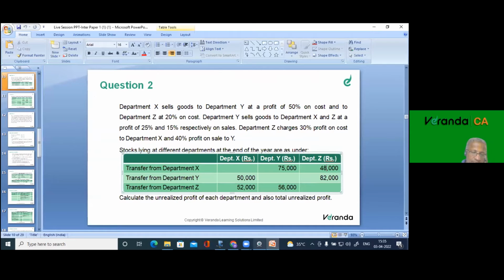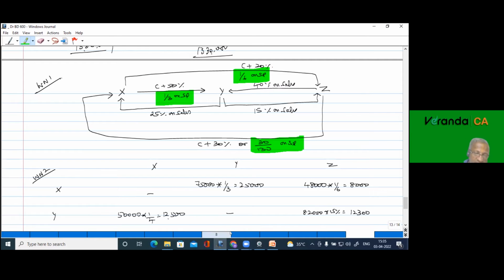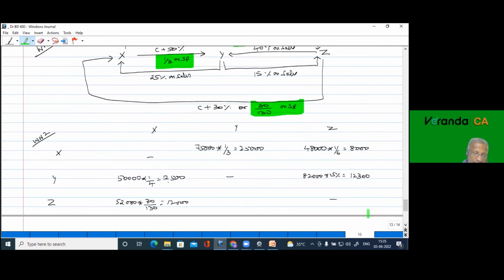Next, from Z to Y, 56,000 into 40%, which is 22,400. So profit made by X not realized.